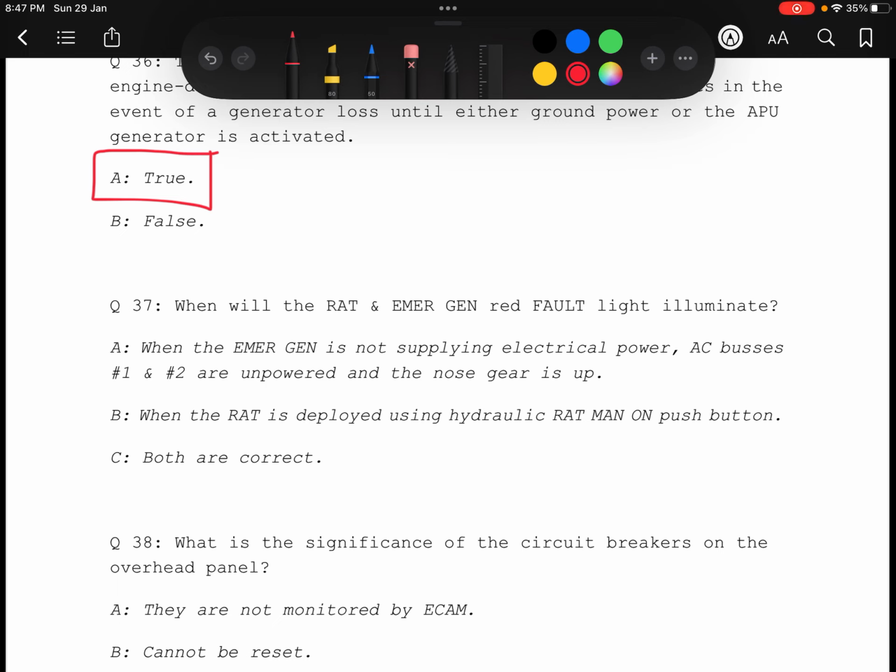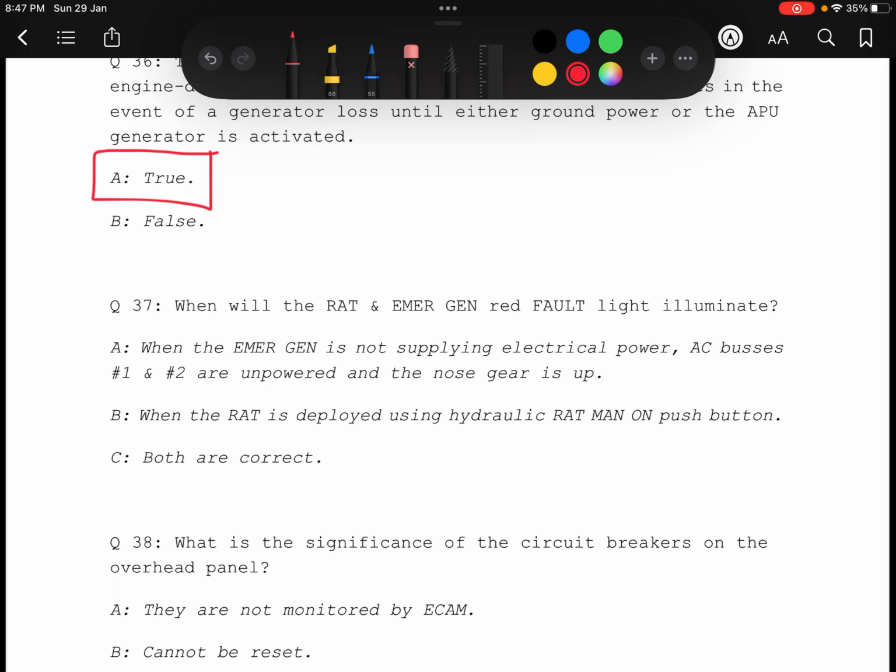Just on the top, fault light: the light comes on red if the emergency generator is not supplying power and AC bus 1 and AC bus 2 are not powered, right? Again, going back to the questions. Question 38: what is the significance of the circuit breakers on the overhead panel?